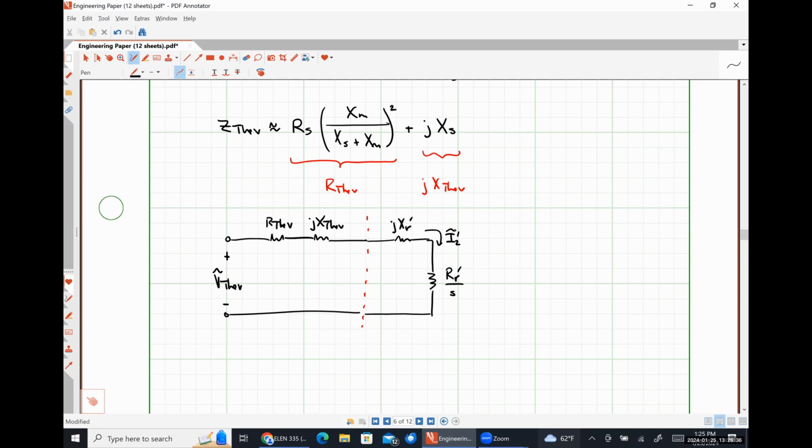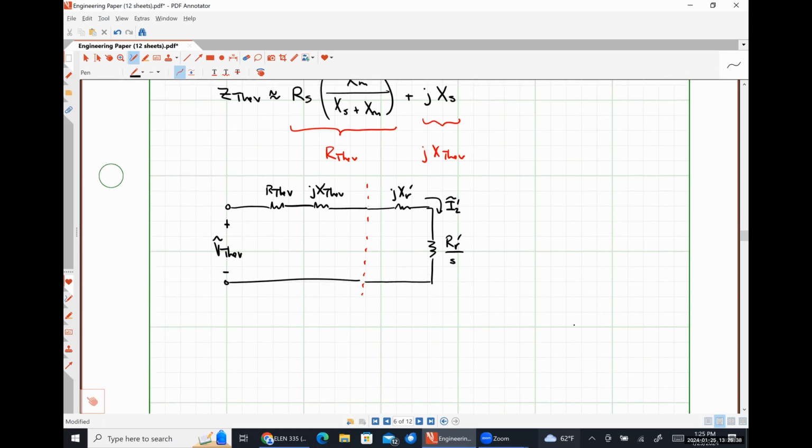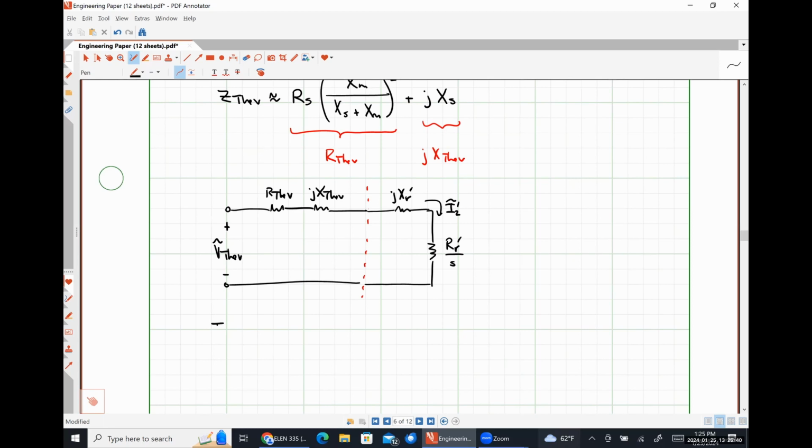So by inspection, or really using Ohm's law, whatever way floats your boat, we can see that our current I2 prime, or damn it, I keep calling it I2 when it should be I rotor. IR prime is just going to be our Thevenin voltage divided by the series combination of those two impedances.